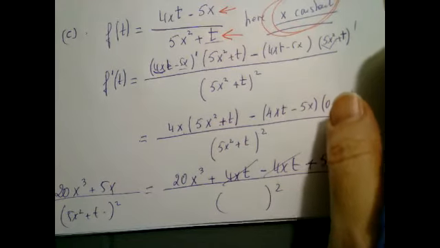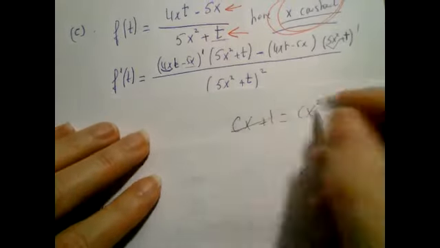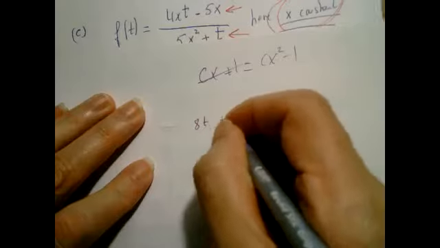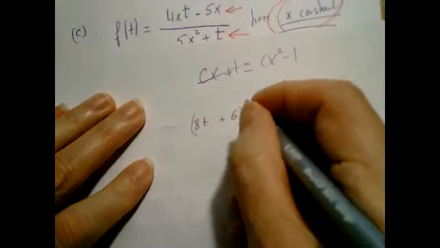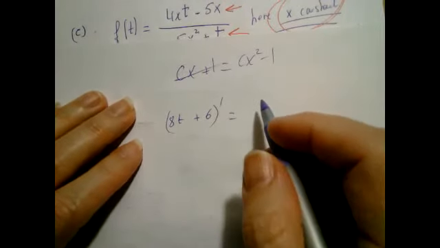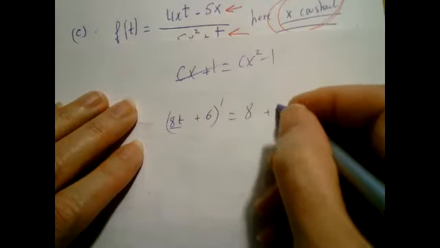I have a question. How did you get 4x out of 4xt minus 5x? Let me ask you: what is x in my problem? It's a constant. Very good. So forget about 4x for a second. If I have 8t plus 6, what's the derivative? Just 8, 8 plus 0.